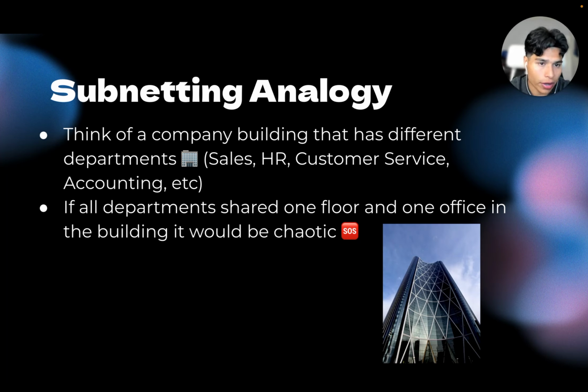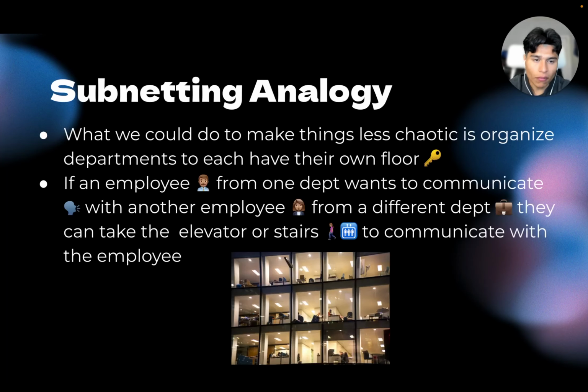So what could we do to make things a little less chaotic is we can organize the departments to each have their own floor. So we have a company building, and each department has its own floor. And if an employee from one department wants to communicate with an employee from a different department, they can take the elevator or stairs to communicate with the employee.